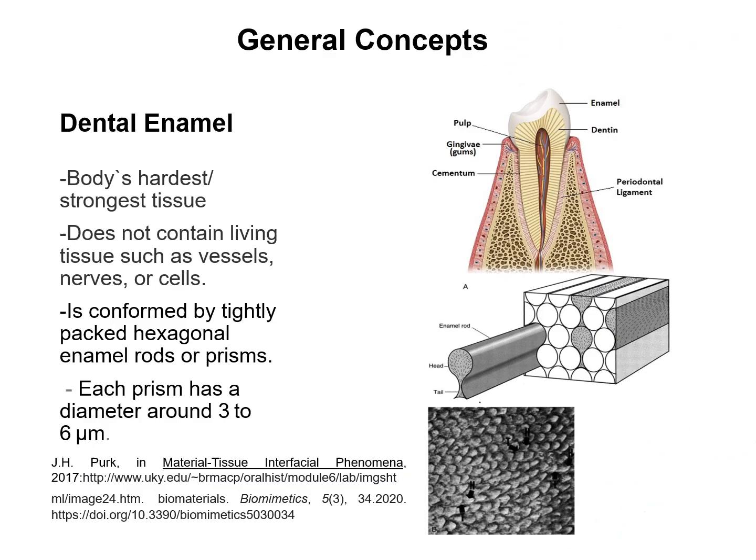Enamel is the body's hardest tissue. It does not contain living tissue such as vessels, nerves, or cells, and it is formed by tightly packed hexagonal enamel rods and prisms.